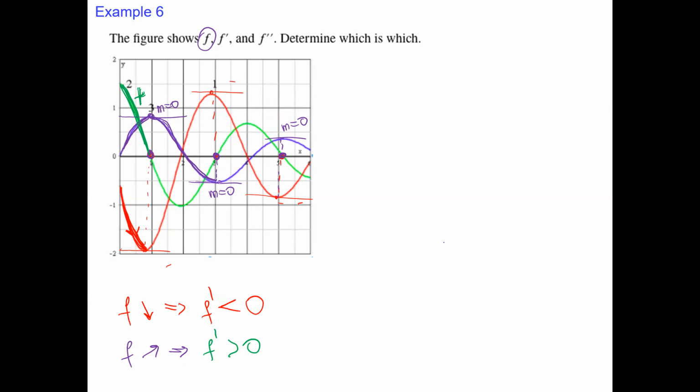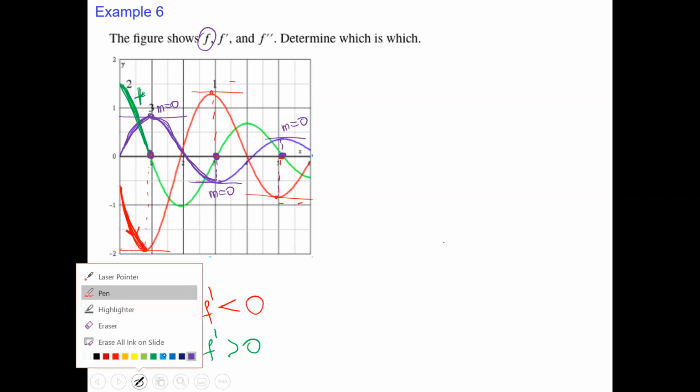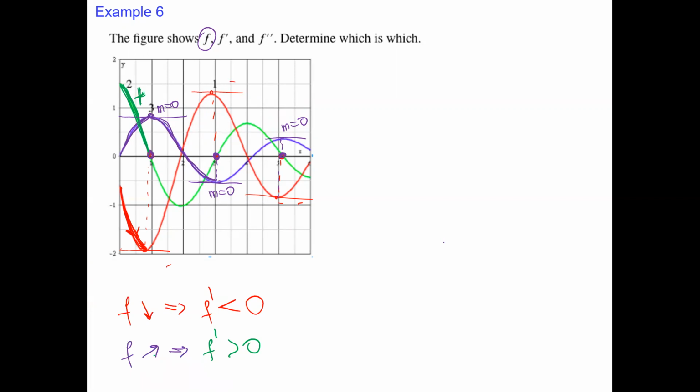Then the entire green function, which we decided is the derivative, is below the x-axis, negative, correct? And again, the purple is increasing from this to this, and the green function, which is the derivative, is above, positive. And this one is below because the purple function is decreasing.